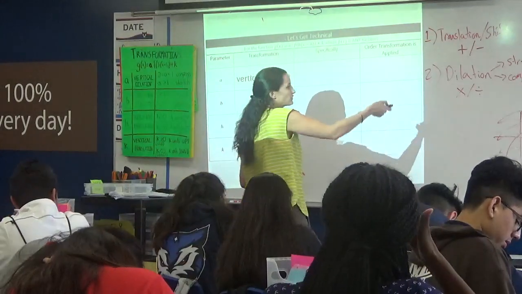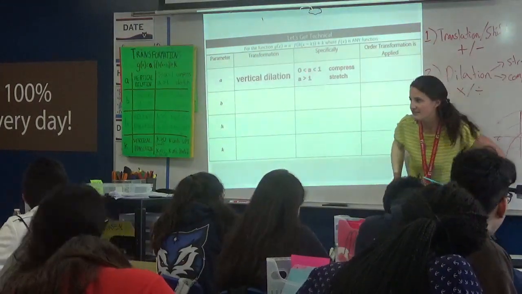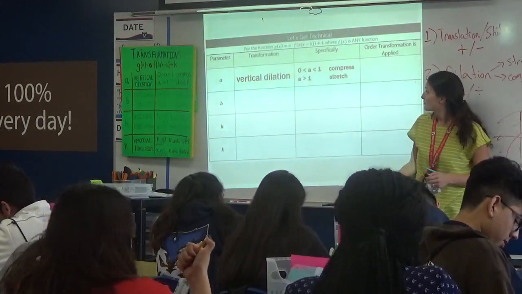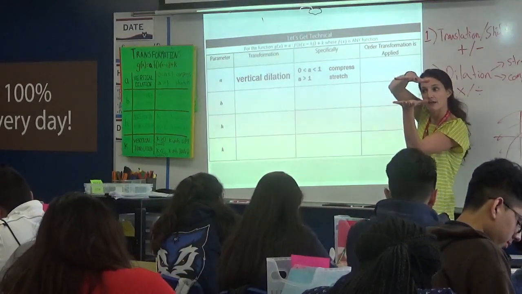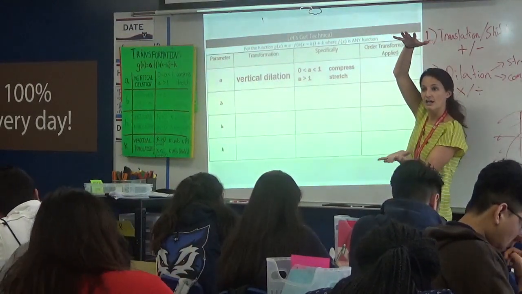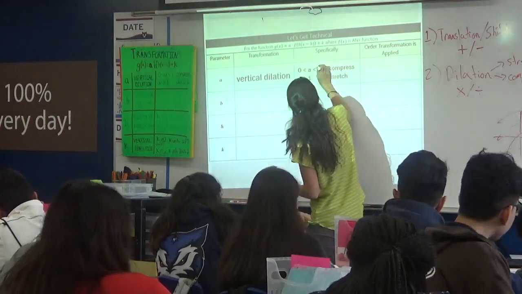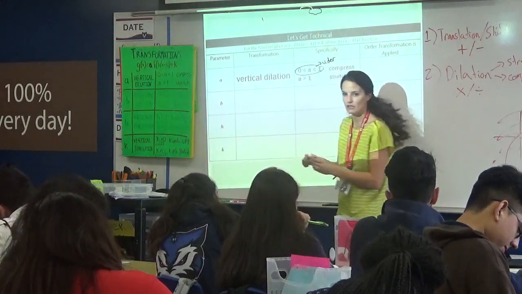Specifically, in terms of stretching and compressing, if A is a fraction between 0 and 1, then it's going to compress it. And vertically, if you compress something, that's going to make it look wider.